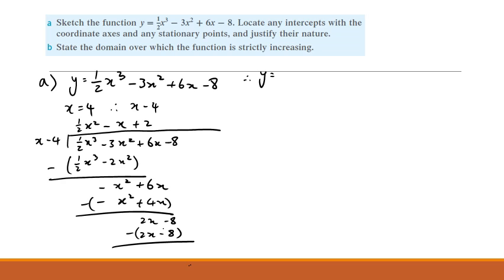So then y is equal to x minus 4 times 1/2 x squared minus x plus 2. And then we can stop there. So the only x-intercept we have is x equal to 4.